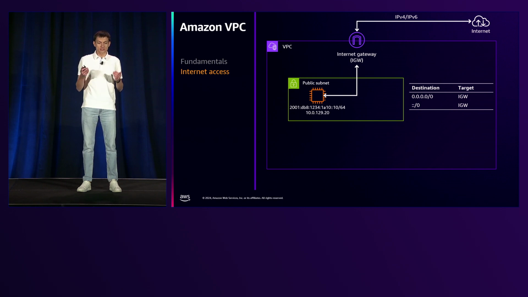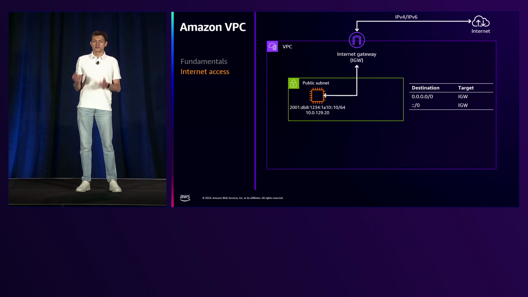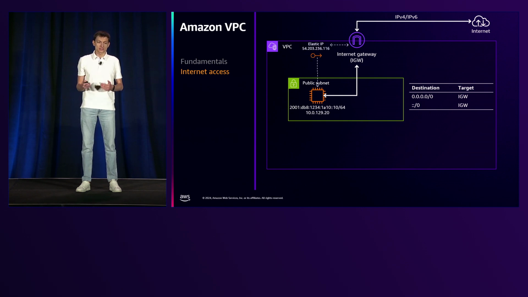So an instance with an IPv6 address will be able to communicate via Internet Gateway with the internet. For IPv4, though, we need to use an additional construct called elastic IP address. It's a public IP address, which, when the traffic goes through an Internet Gateway, will perform source network address translation from private IPv4 address to elastic public IP address.